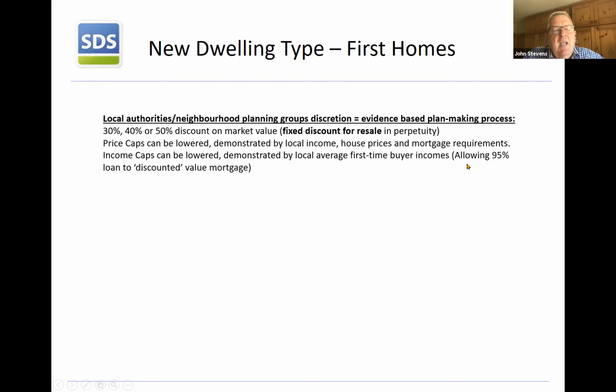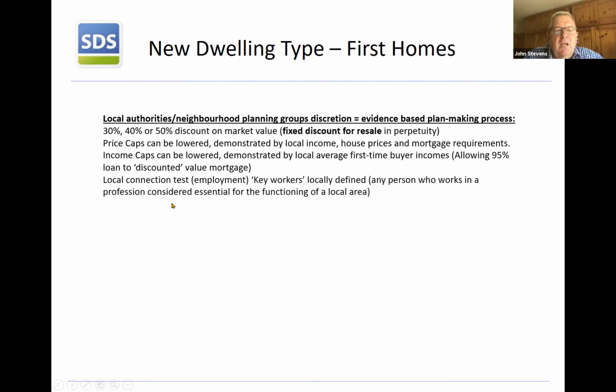But you've still got to be able to allow a 95% loan to value mortgage. The local planning authority could put in a local connection test, whether that's employment. It's specifically trying to encourage key workers, and there is guidance on what is a key worker in the government supporting document. A key worker is any person who works in a profession considered essential for the functioning of a local area. So that's pretty wide.